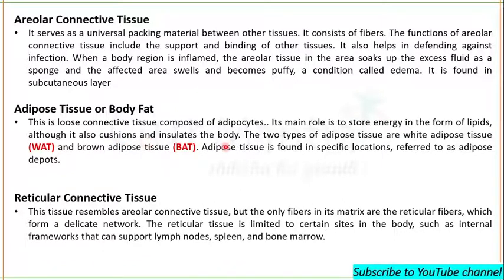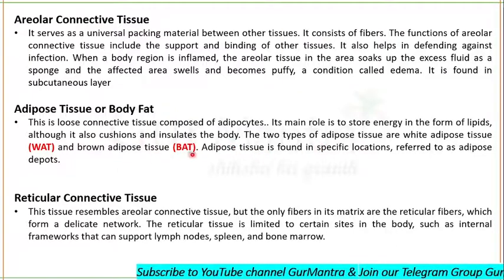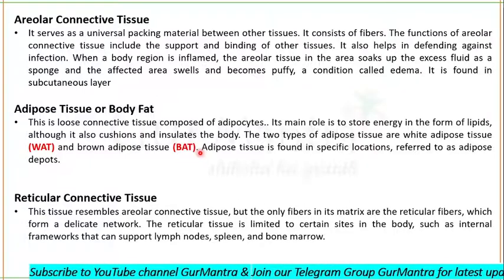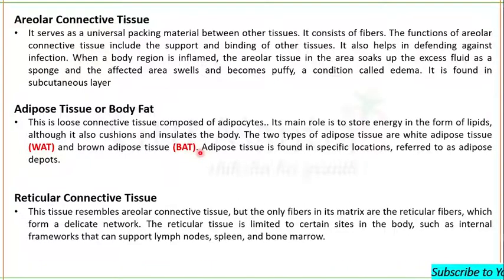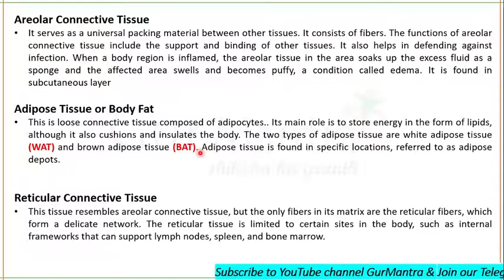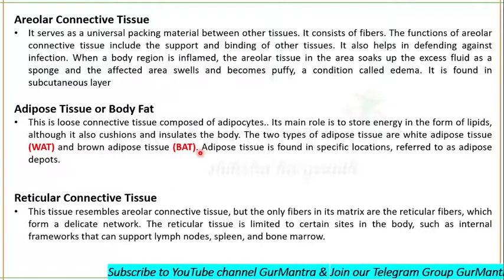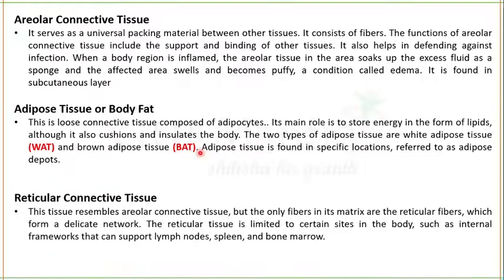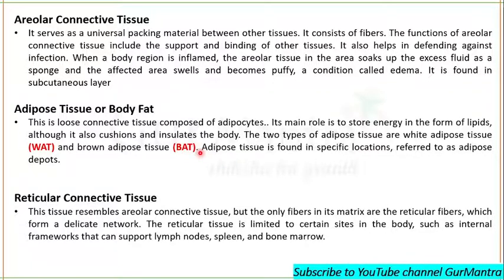The two types of adipose tissue are white adipose tissue and brown adipose tissue, and adipose tissue is found in specific locations referred to as adipose depots, mainly beneath the skin. You can see adipose tissue wherever areolar connective tissue is present.